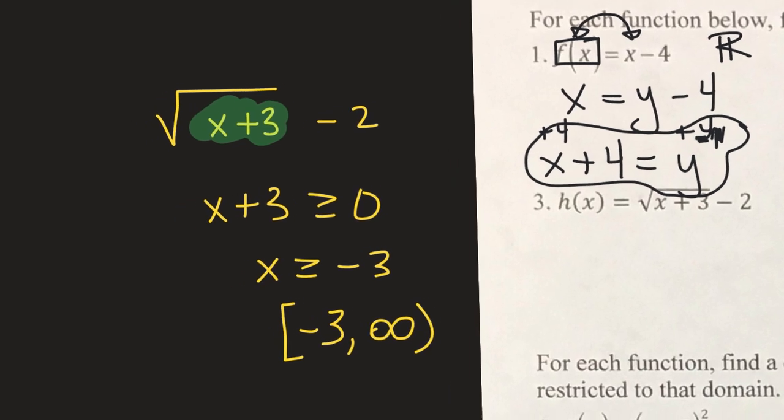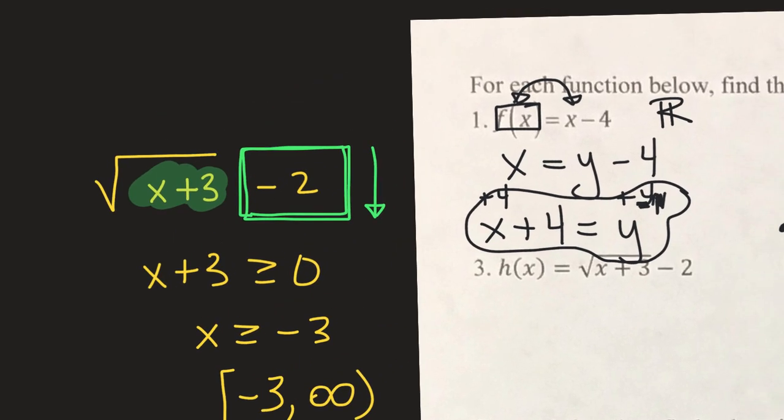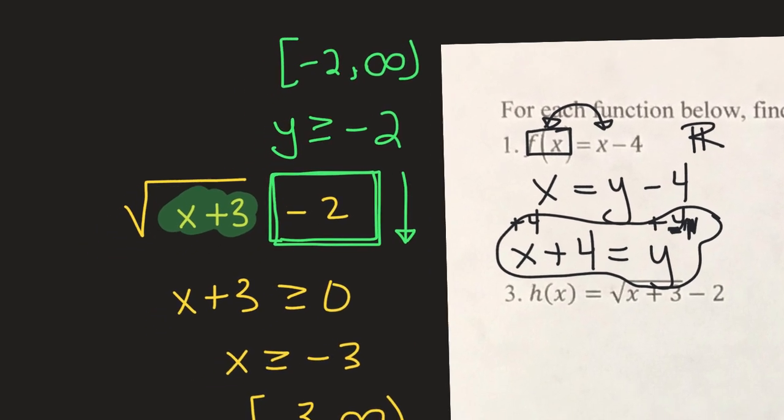Now what about the range? If this is the domain, then the range is given to you by this number. Okay, right? This is a vertical transformation, so it moves your graph down 2 units. So the range of this would be y is greater than or equal to -2. Okay, so a range from -2 to infinity as an interval.